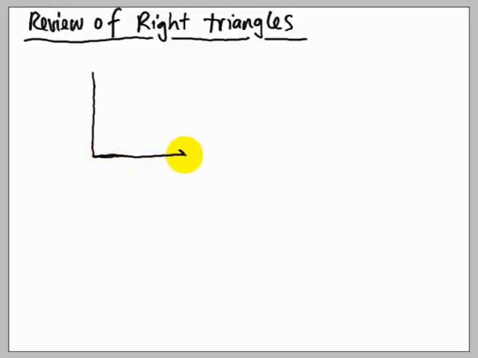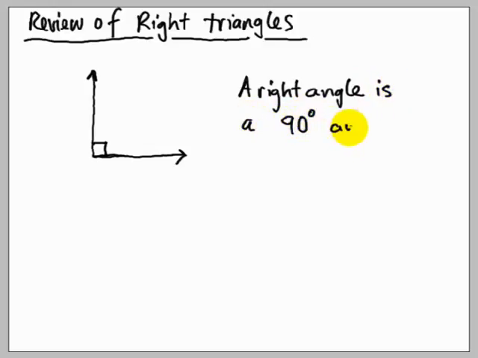So a right angle is just a fancy way to say it's an angle that measures 90 degrees. A right angle is a 90-degree angle.